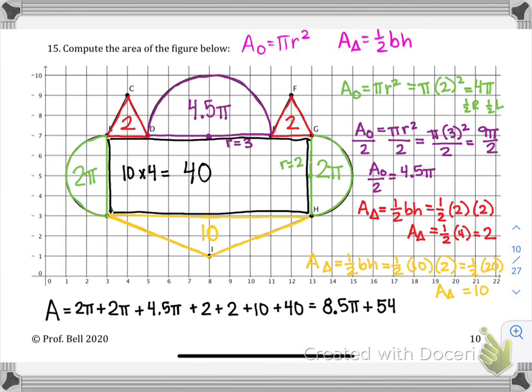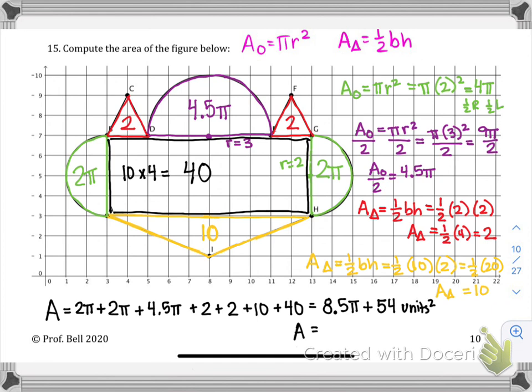So if we have 8.5 pi plus 54, I gotta put it in my calculator. 8.5 times 3.14 plus 54 is, this would be units squared.